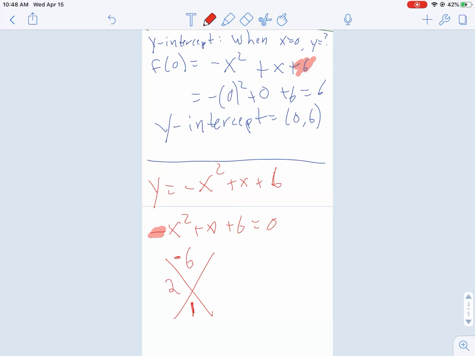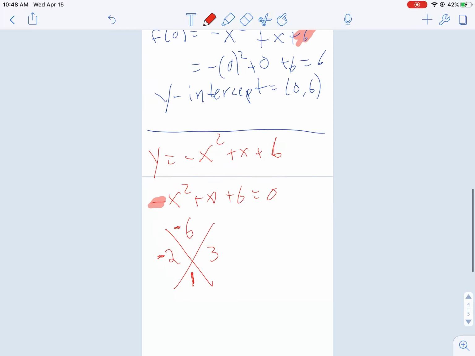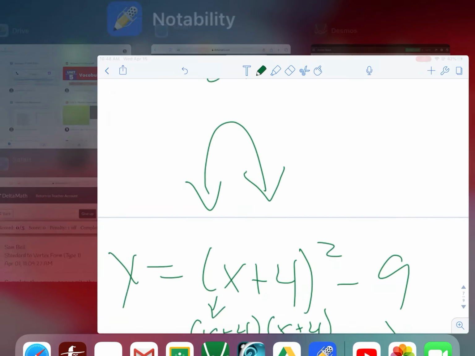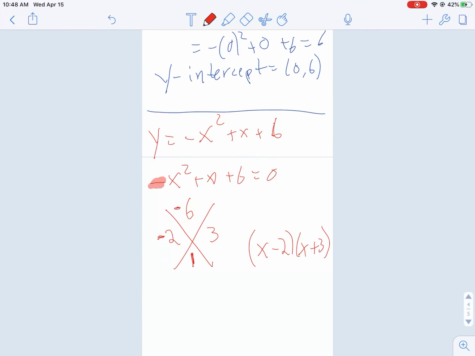Looks like one's going to be a 2, one's going to be a 3. And since we're adding to get a positive 1, we're going to have a negative 2. So it looks like I should have x minus 2, x plus 3. And let's see what happens when I graph this. Because I have this original negative sign in front, I need to have another negative sign out front here.